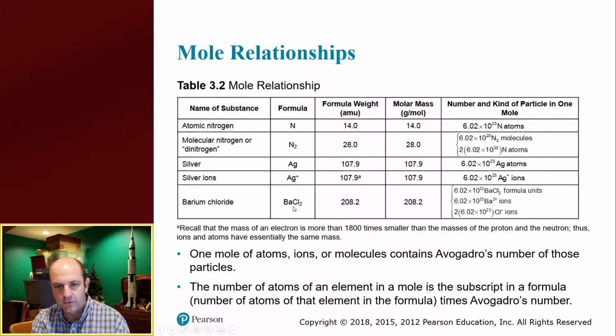But again, for chloride, because there's 2 of them, it's 2 times Avogadro's number. So again, the 1.204 times 10 to the 24th chloride ions. So you always have to watch out for things in a formula if you're breaking it all the way down to atoms or ions. But if you're just going for molecules or formula units, it's always the 6.02.